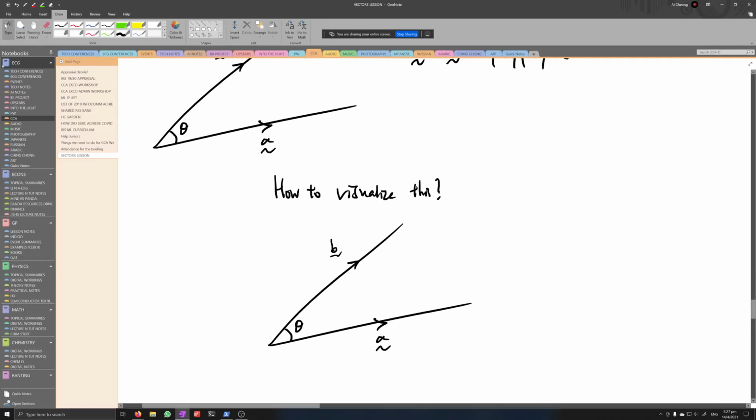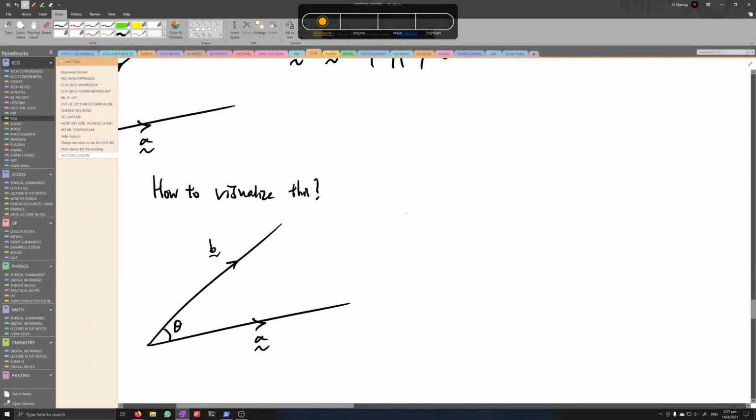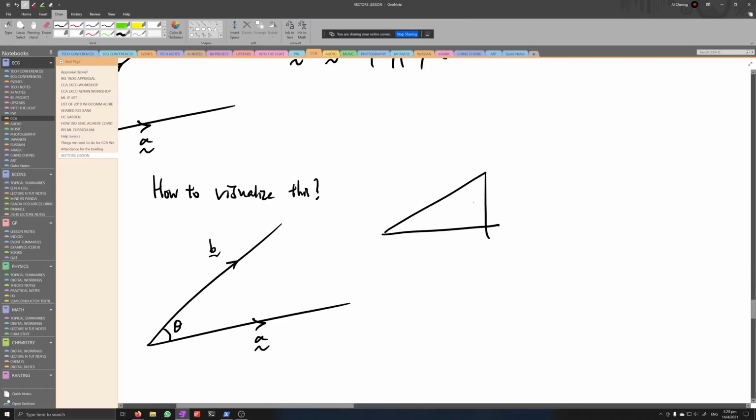If you recall, right, let's say we have a right angle triangle. Okay, x, y, and z. You have theta here. So if you want to use the sine, cosine, and tangent rules, essentially sine theta is equal to y over z, right?